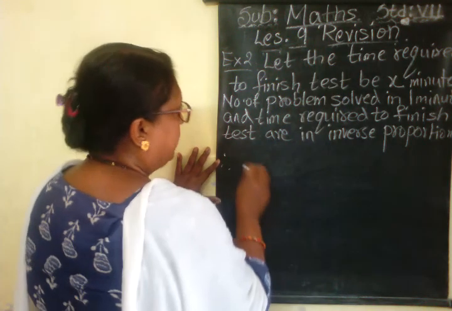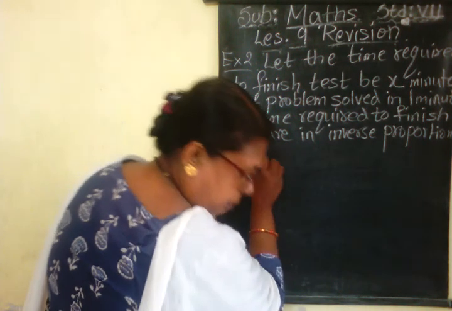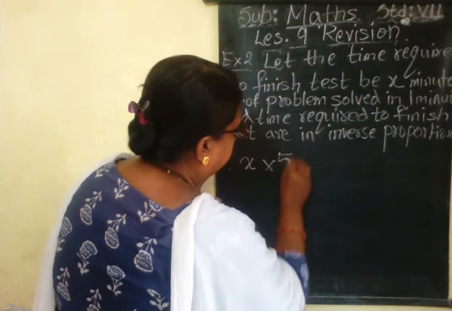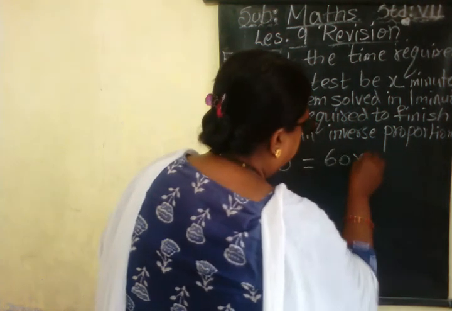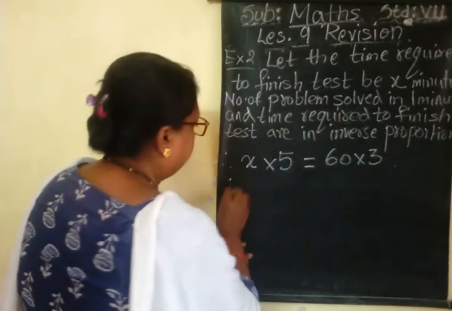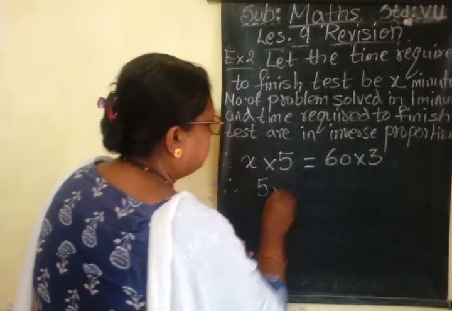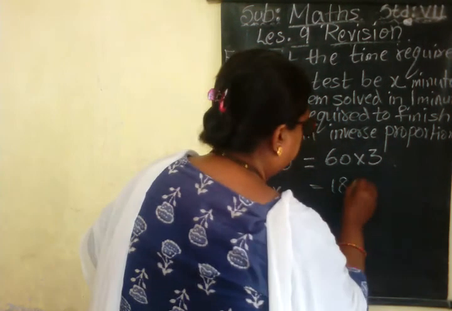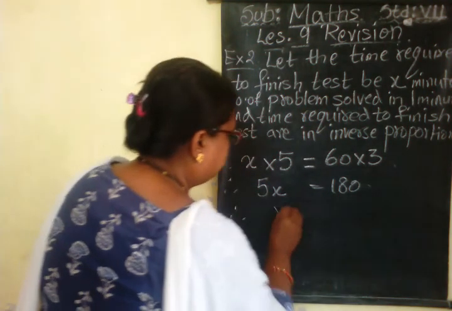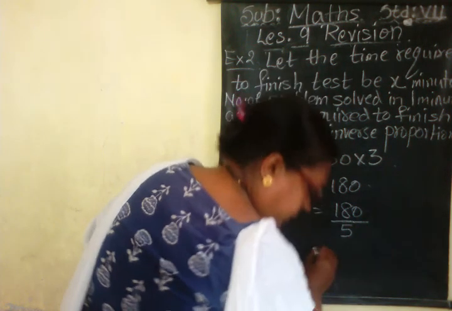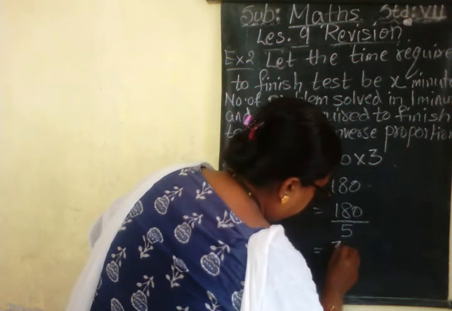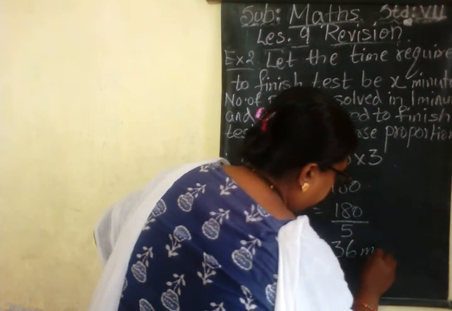So therefore x is the time required. So x multiplied by 5 is equal to 60 multiplied by 3. Therefore 5x is equal to 180. Therefore x is equal to 180 divided by 5. Answer is 36 minutes.